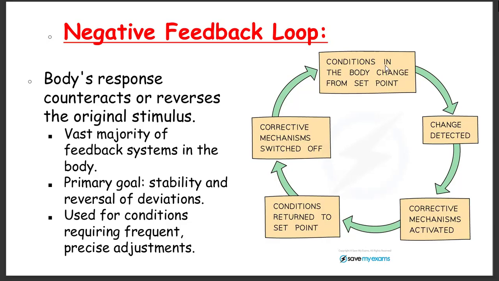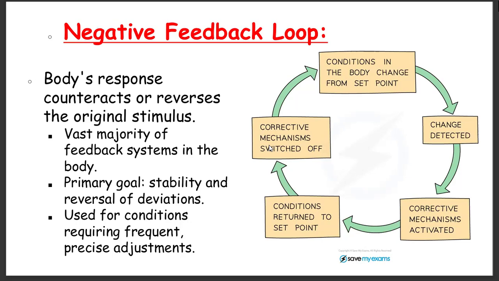If there's a change again, the loop will be there. The receptors will be able to detect the change, correct it, the condition returns, and the loop shuts off because the condition is now back to normal, and that's maintaining homeostasis.